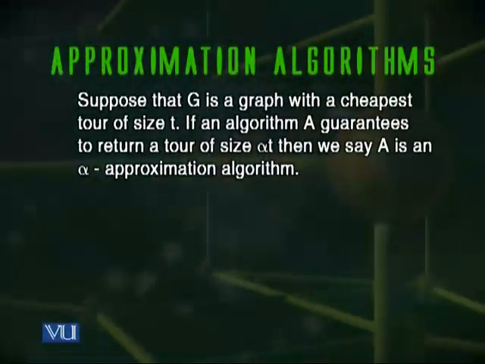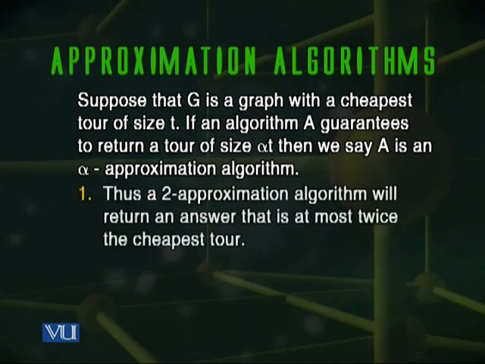Suppose G is a graph with the cheapest tour of size t. If an algorithm guarantees to return a tour of size alpha t, then we say A is an alpha approximation algorithm. A two approximation algorithm will return an answer that is at most twice the cheapest tour.